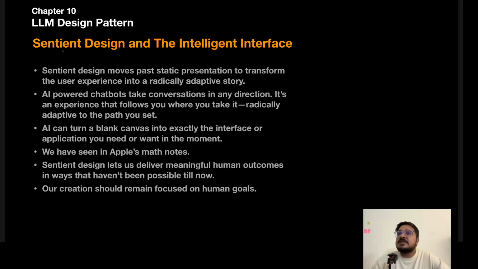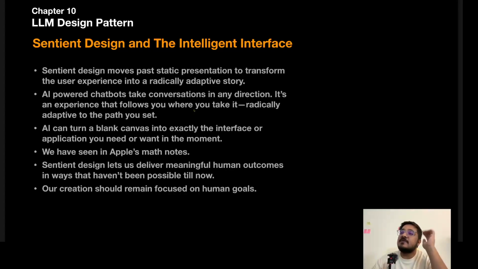So let's see some examples. AI-powered chatbots can take a conversation in any direction, that we know, right? You can ask anything and they are going to reply with something. So it's an experience that follows you where you take it. Basically you can drive the conversation wherever you want, and it will radically adapt to the path you set.